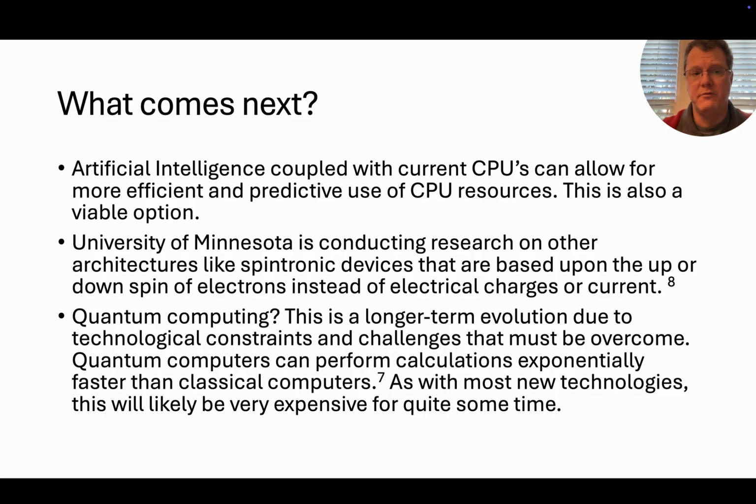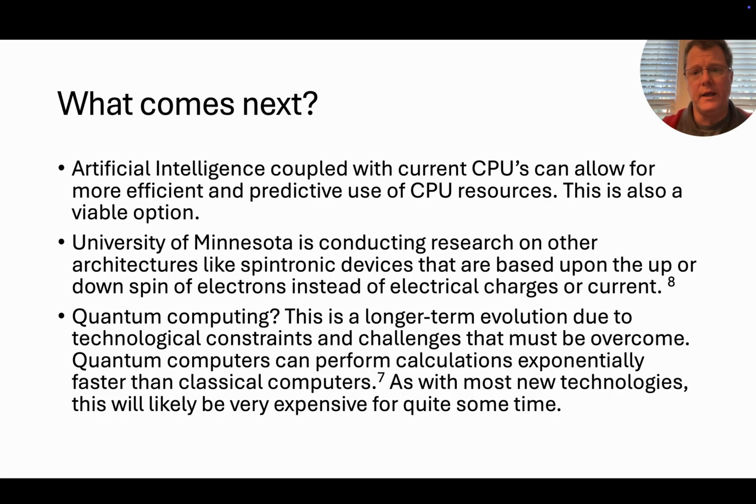And it finished a task that they calculated would have taken a classical computer 47 years to complete. And this quantum computer did it much faster. But of course, with most new technologies, this will likely be very expensive for quite some time.